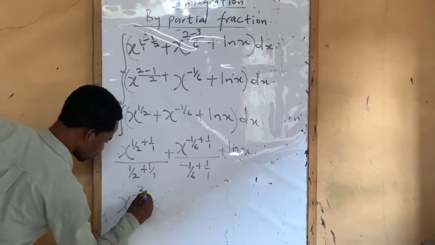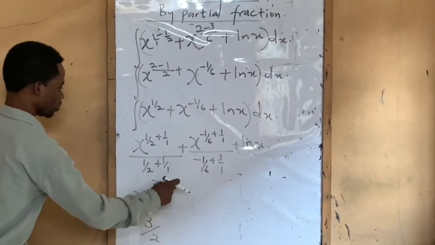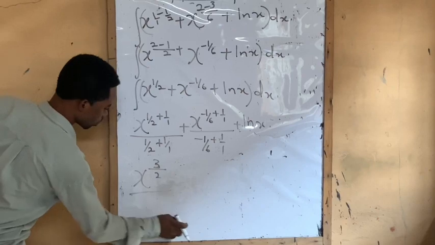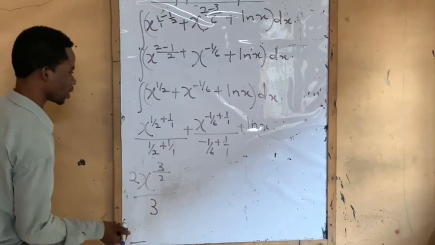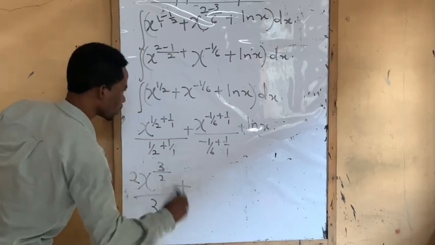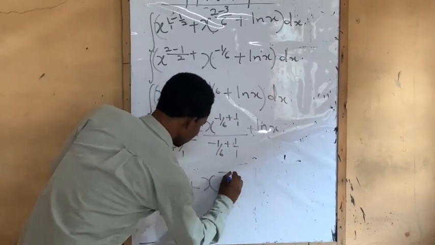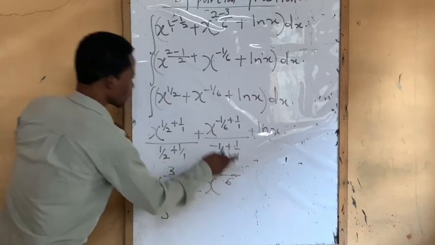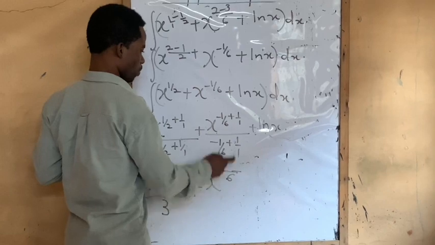If I say divide by 3 all over 2, actually divide by 3 is times 2 over 3. So it will give me 2x all over 3, without wasting our time, plus x. If I collect the LCM here, that is 6. And 6 is 1, 1 times, that is minus 1 plus 6.